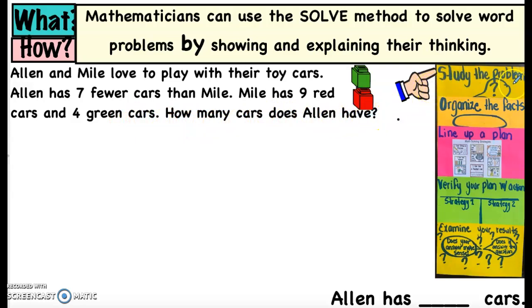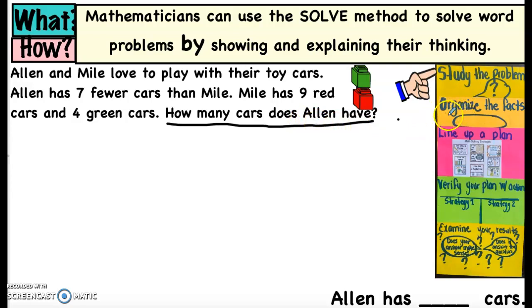So let's study the problem. Let me ask you, what is this problem asking me to find? You can pause the video if you would like and turn and talk to someone at home. So this problem is asking us to find, how many cars does Alan have? Did you see, mathematicians, how I underlined the question? Now let's move on to our next step.